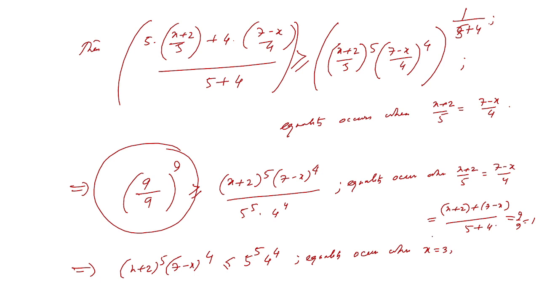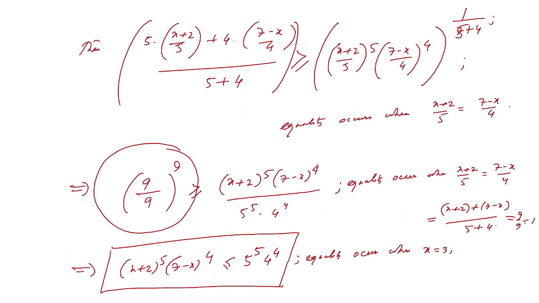So mainly here x equals 3 in both cases. So this is the maximum value of (x+2)^5, and that value occurs when x equals 3. Therefore, what was the question?